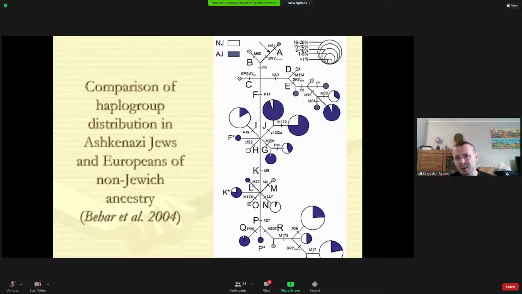You can see, for example, that haplogroup J1, which is found at high frequency in Semitic populations, the Arabic, the Jewish, the Ashkenazi Jews who inhabited Europe had a very high frequency of J1. Of course, non-Jewish Europeans also have this haplogroup, but it's found at low frequency.